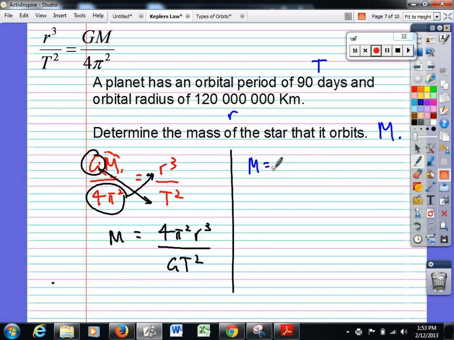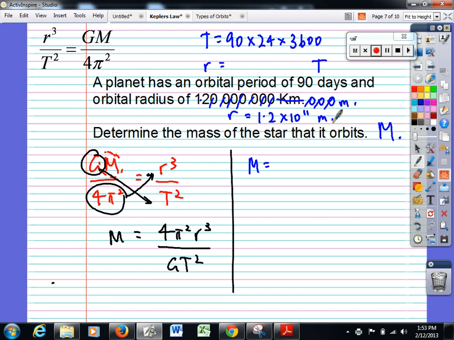So T would equal 90 days times 24 hours times 3,600 seconds per hour. And R, which is in kilometres, so adding 3 more zeros to go to metres, will be 1.2 by 10 to the 11 metres. I hope I counted correctly there.